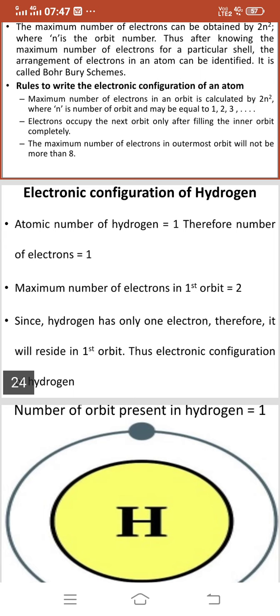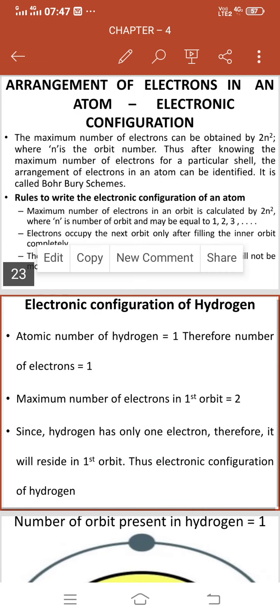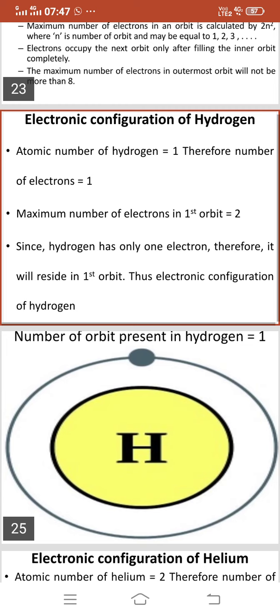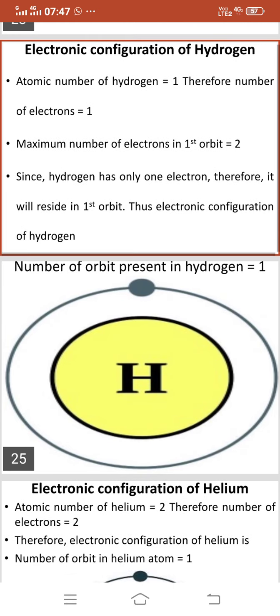Thus, the electronic configuration of hydrogen: this is the structure of a hydrogen atom, and in the center there is a nucleus, and the number of orbits present in hydrogen is 1, and only one electron is present in the hydrogen atom, so that is found in the first orbit. So you can see this is the picture of a hydrogen atom.